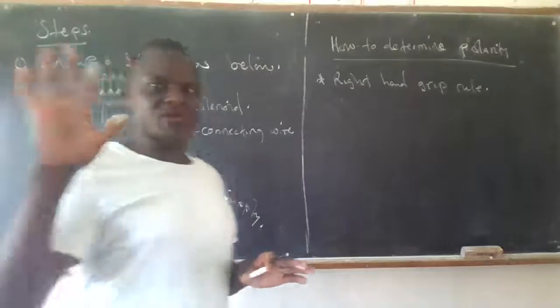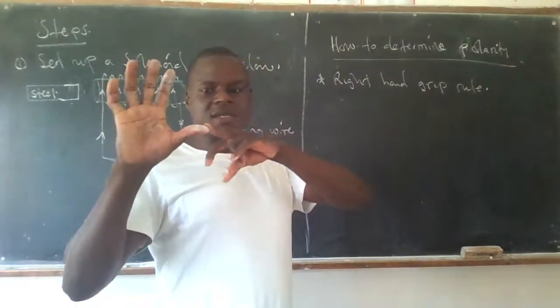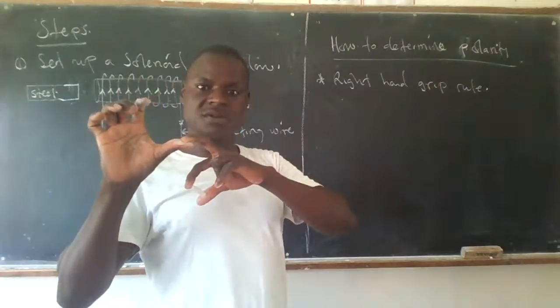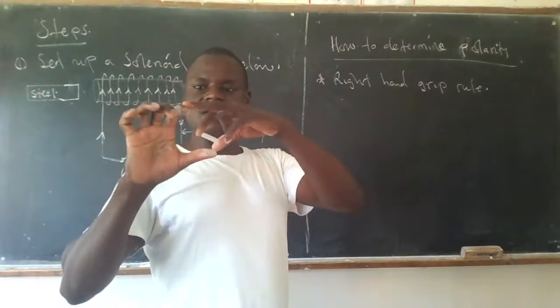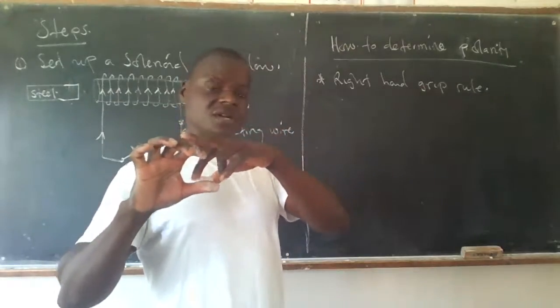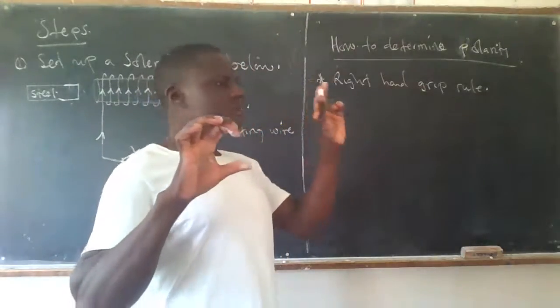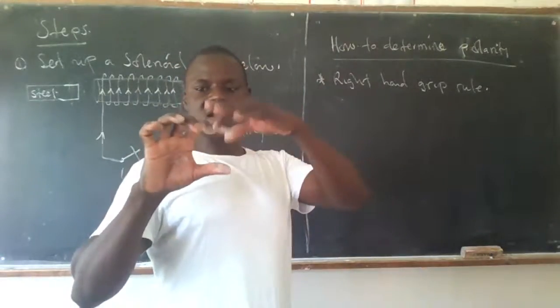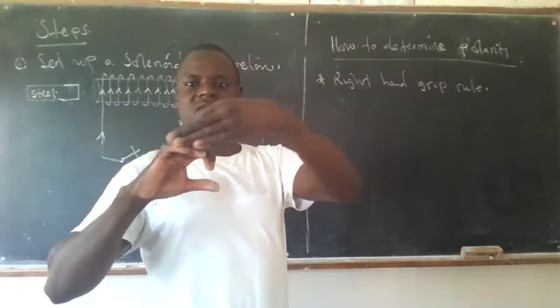Now, if you look at my right hand, this has a specific name, which is called the thumb. There is what we call the first and second finger when you are dealing with Fleming's right hand rule. But in the right hand grip rule, we just consider the thumb and the rest of the fingers.